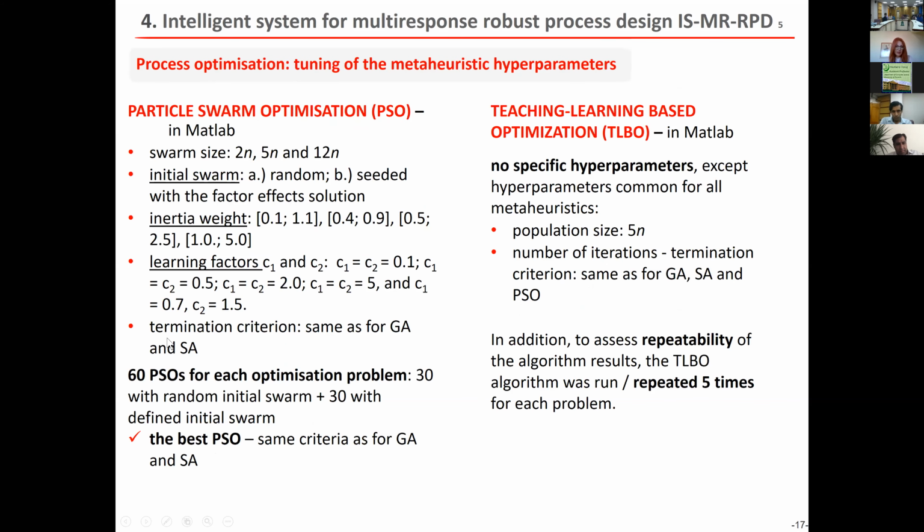For particle swarm optimization, even more, 60 algorithms. And for TLBO, teaching learning based optimization, since there are no hyperparameters, basically I could have run the algorithm only once because there are no settings. What I decided to do here is to repeat the algorithm 5 times to assess the repeatability of the TLBO algorithm.